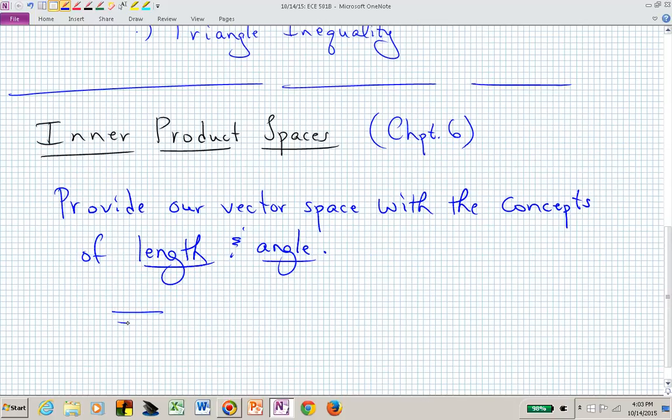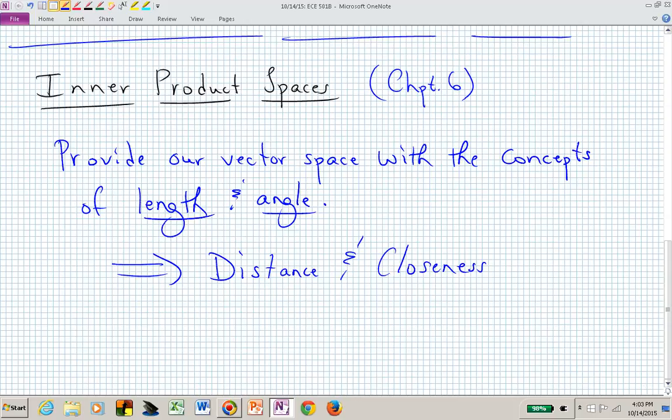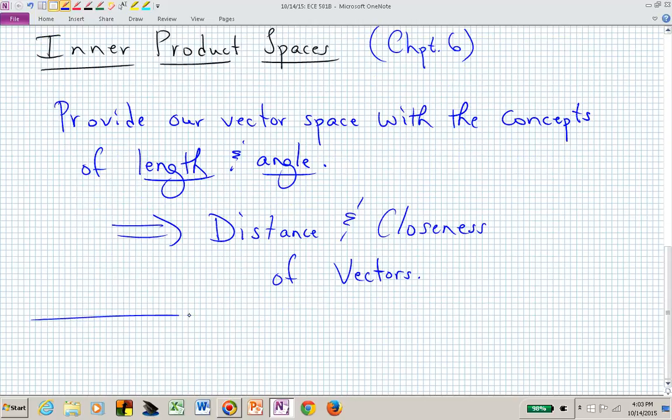Or you could think of another way of thinking of that: now we can keep track of the distance in our vector space and maybe the closeness, or how aligned these vectors might be. And vectors now, again, are very general concepts of elements in our vector space. And what those vectors are will depend on what our vector space is.